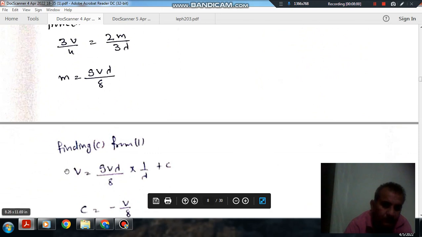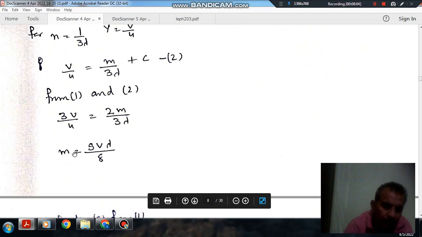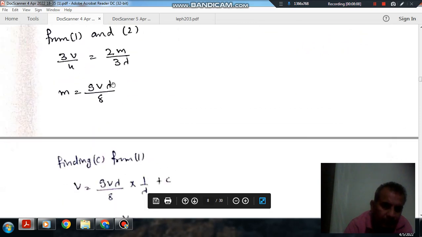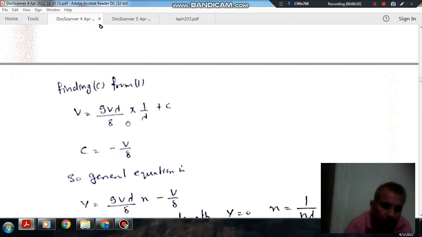Now we have found one constant, that is m, and the other constant can be found by putting in the values.